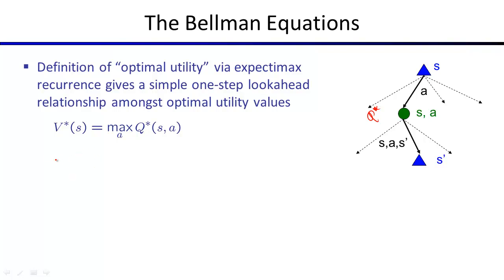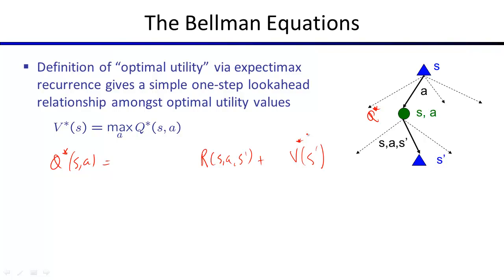The Q equation is a little more complicated, so let's work that step by step. So Q star of S, A, what's the value for a chance node? Well, we get a reward for the transition into the next state S prime. But not just a reward for the transition, we also get, from the next time step onwards, we'll keep accumulating rewards, and we know that we'll be acting optimally, so from S prime onwards, we'll accumulate, on average, V star of S prime.